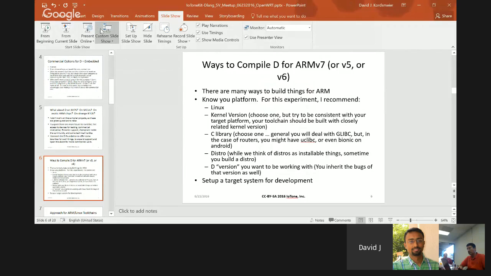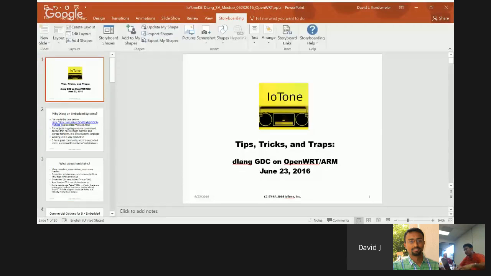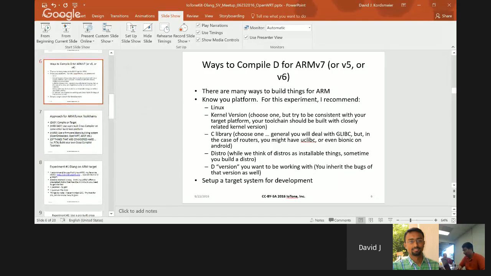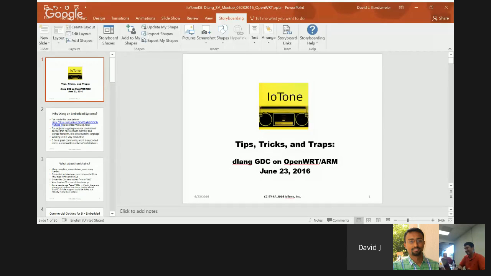No. Shift F5, just start the current slide. No. All right, I'll just navigate through this. Okay, sorry about that. No problem. I thought it was a long intro.